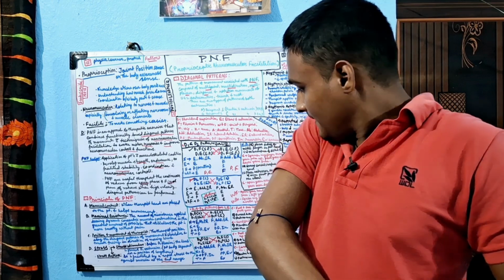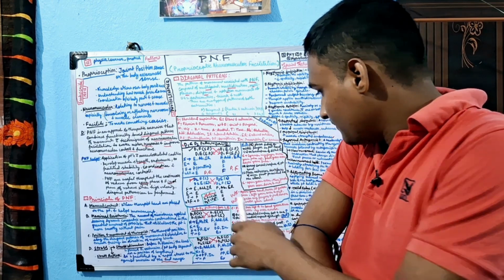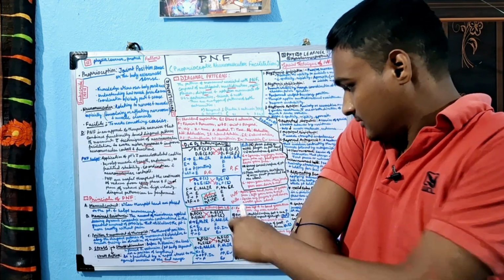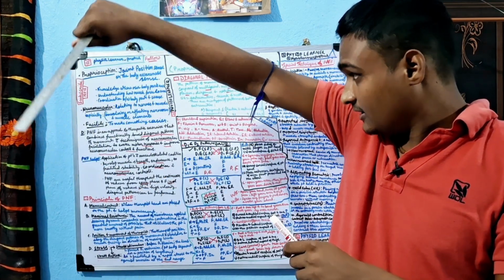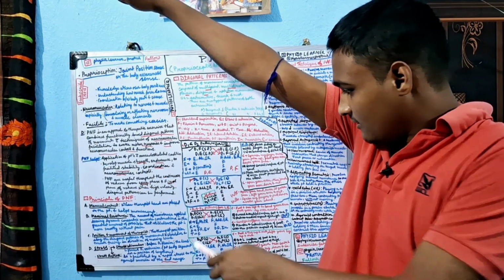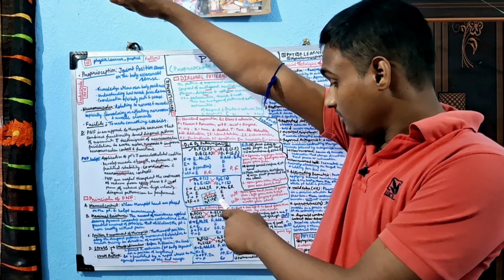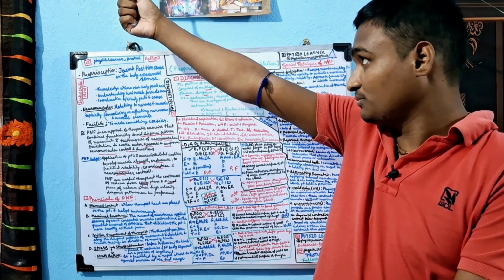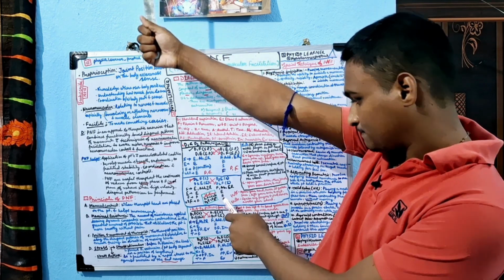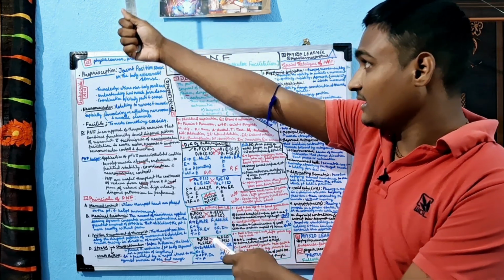When this is performed: shoulder flexion, abduction, external rotation, elbow extension, forearm pronation to supination, and wrist and finger extension.